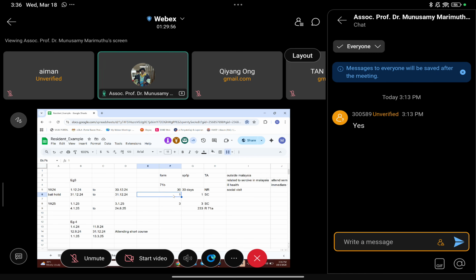So we have section 7.1B here. That's the answer. Why 7.1B? The number of days in Malaysia is less than 182 days, but there's a temporary absence which can be acceptable because there's 1 day here, 3 days here, and it can happen in the shorter period, also in the longer period. And here is 233.